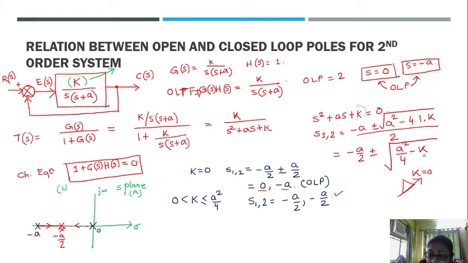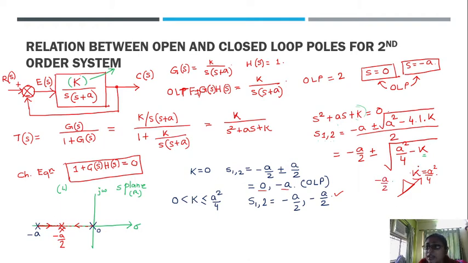When it was 0, I am getting the poles at 0 and minus a. Now I increase the value of k and stop at a square by 4. If I calculate now, I find that the pole positions have changed, and the values become minus a by 2.